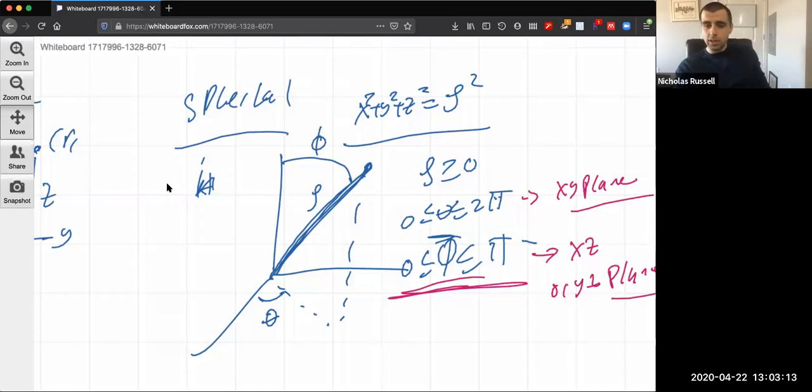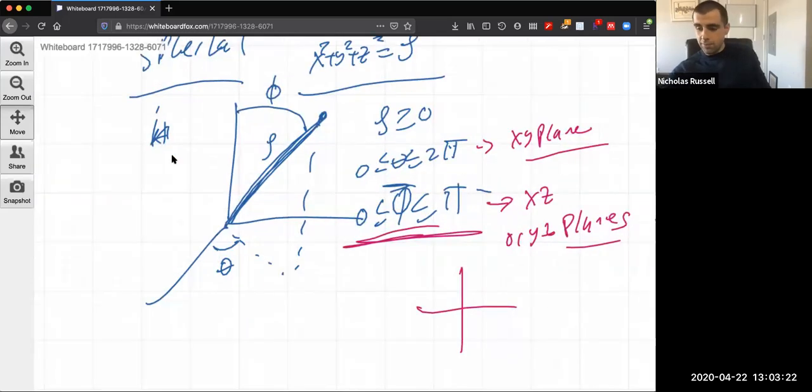If this is the xz plane, and I project this onto the xz plane, this is my phi right here. This is my phi. I have phi equal to 0 here. This is phi equal to pi over 2. This is phi equal to pi.